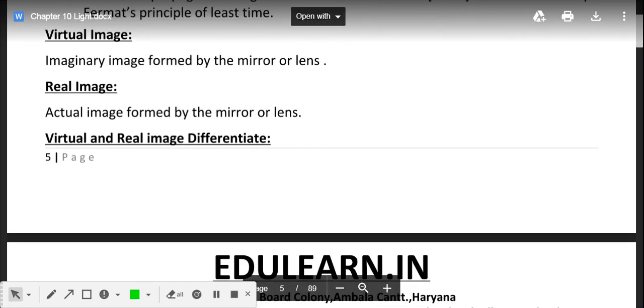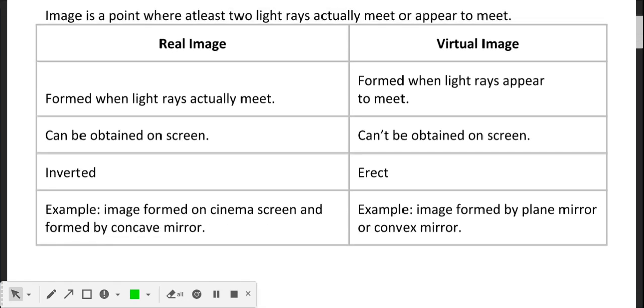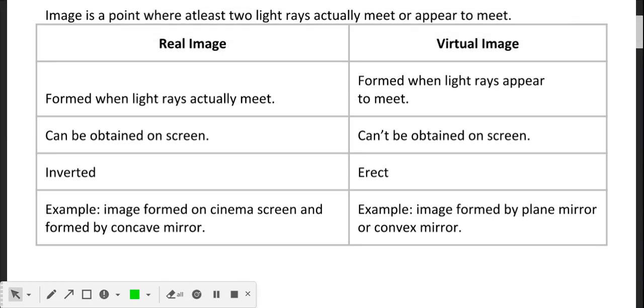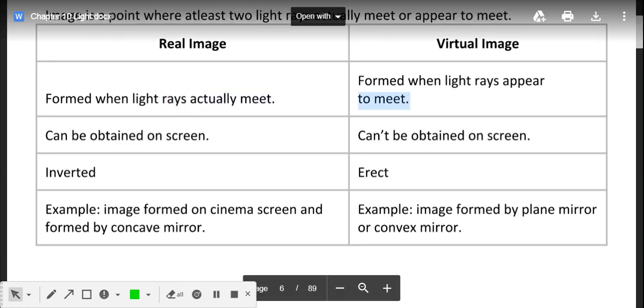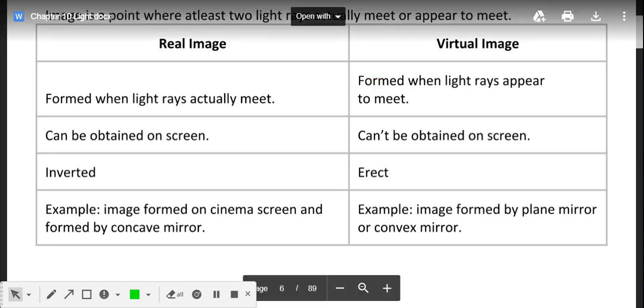Virtual and real image: what's the basic difference between both? A real image forms when light rays actually meet, and a virtual image forms when light rays appear to meet. You can see here two rays are actually meeting, but here they only appear to meet; we have to extend them forcefully. A real image can be obtained on a screen; a virtual image cannot be obtained on a screen. Real is inverted, virtual is erect.